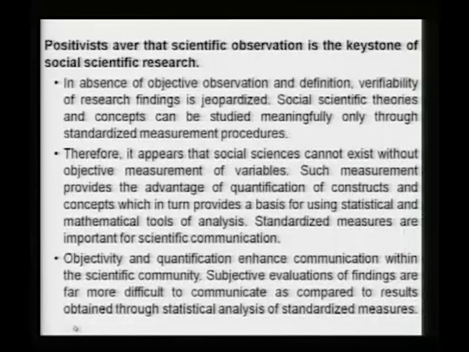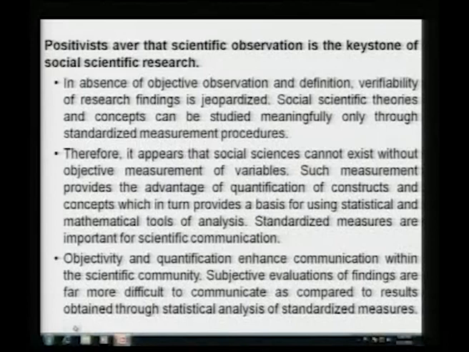Therefore, it appears that social sciences cannot exist without objective measurement of variables. Such measurement provides the advantage of quantification of constructs and concepts, which in turn provides a basis for using statistical and mathematical tools of analysis.